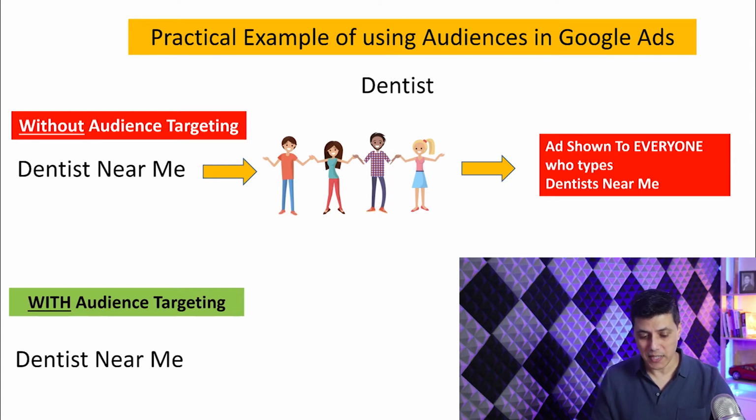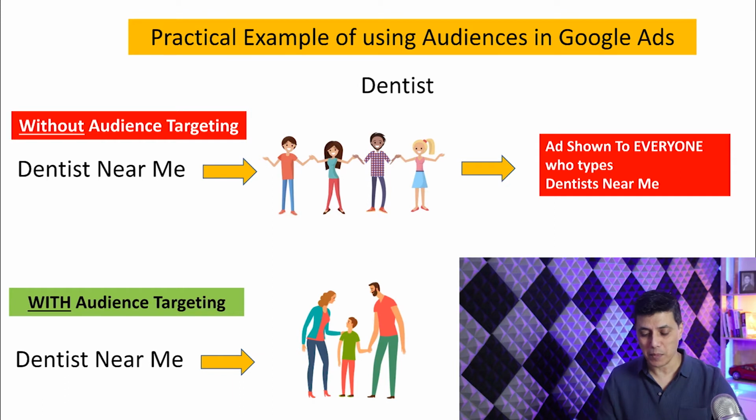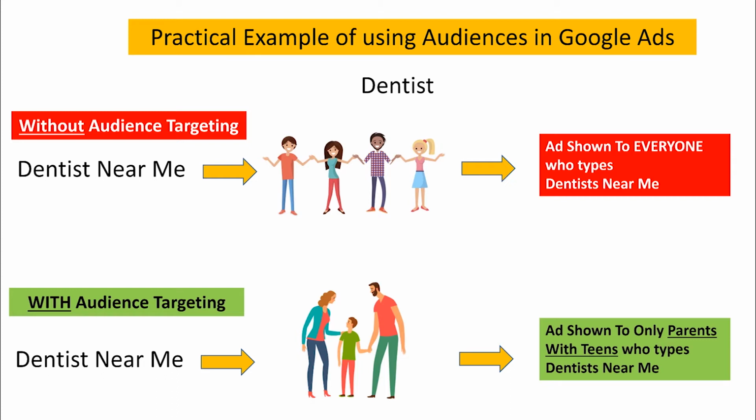With audiences we can have dentist near me, which is what a user would typically type in, but because we've now defined an audience, in other words parents with teenagers, your ad will only be shown to audiences who have typed in dentist near me, and they are deemed to be parents with teenagers. As a result of that, you're narrowing down who your ads are being served to, regardless of the keyword that was used. So in other words, you've added an extra layer of targeting.